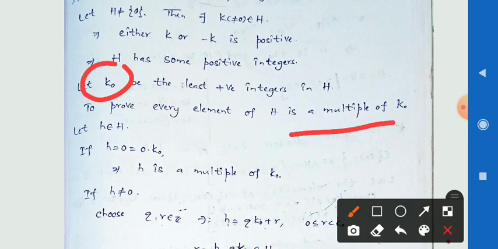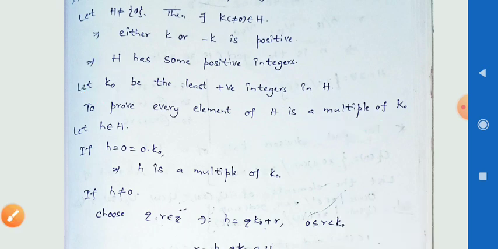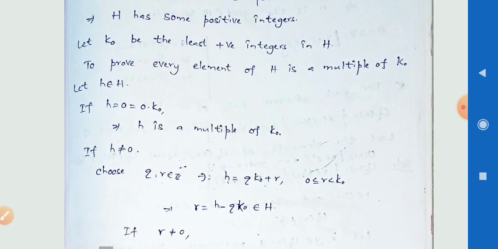For this, let small h belong to capital H. If h is equal to 0, that is equal to 0 into k naught. Therefore h is a multiple of k naught.